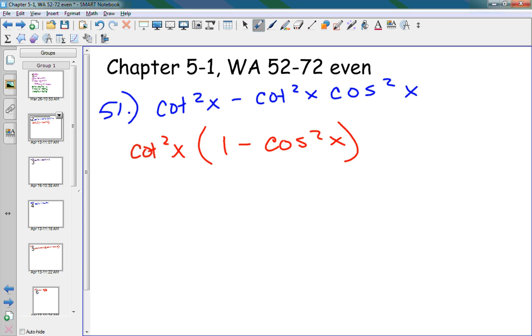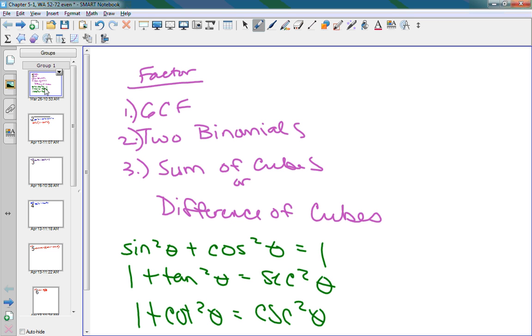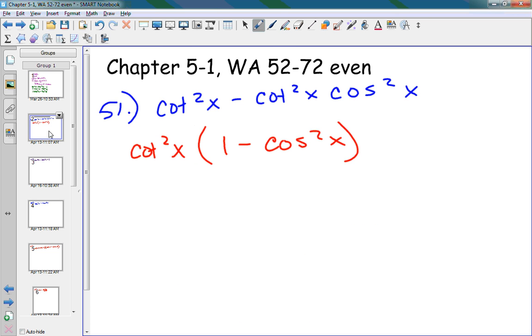Now, which one deals with cosine squared? The first one. So if I'm dealing with this first one right here, what am I going to do here? I'm going to solve, and I'm going to take over that cosine squared. So what is 1 minus cosine squared actually equal to? Sine squared of x. So the cotangent squared of x, this whole thing becomes sine squared of x.